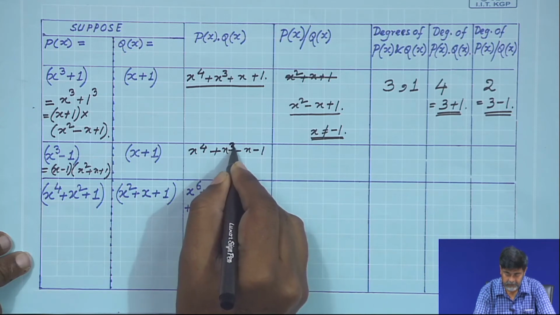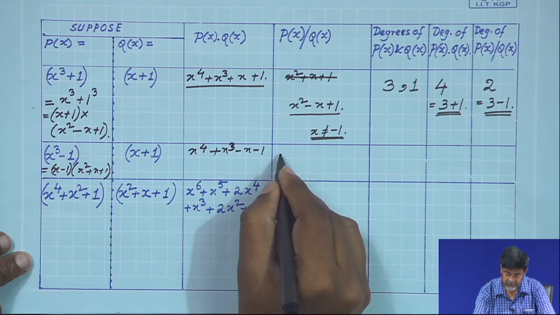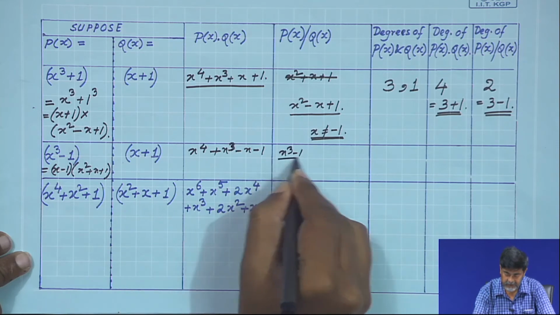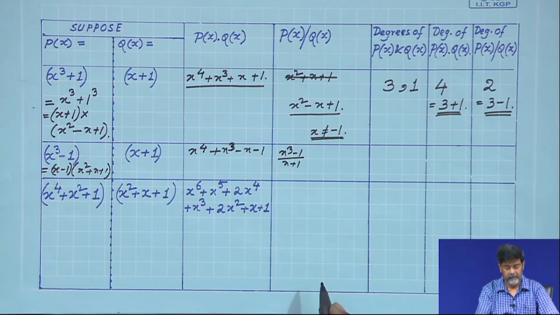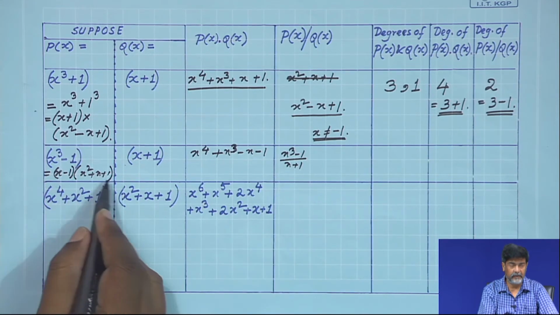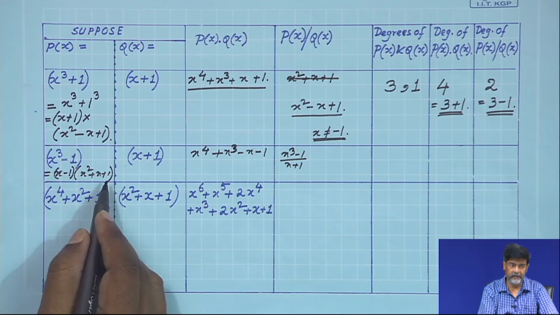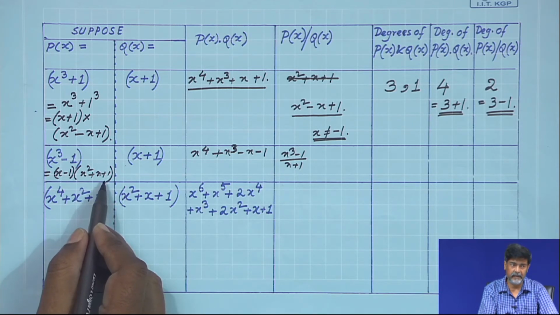Okay, correct result. And what is Px by Qx? That is x cube minus 1 by x plus 1. Sir, this is the factor form for x cube minus 1. Yes, we are getting x minus 1 as a factor, and the second factor is x square plus x plus 1. But we are not getting x plus 1 as a factor of this expression.